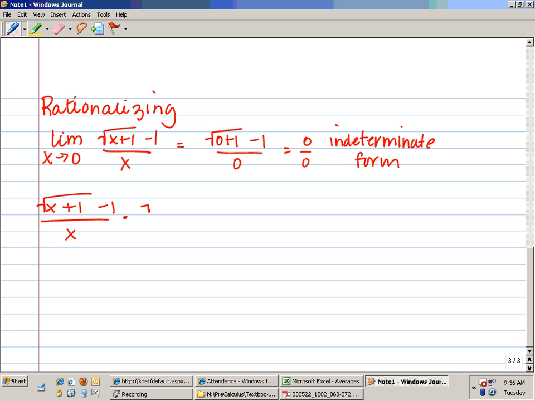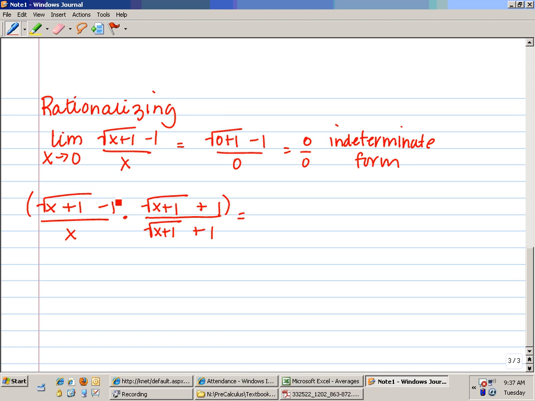So it's going to be the square root of x plus 1. The sign doesn't change because it's under the radical. The negative is going to be the sign that changes.